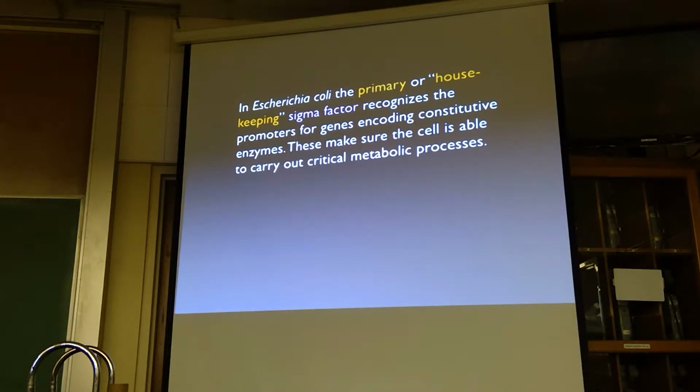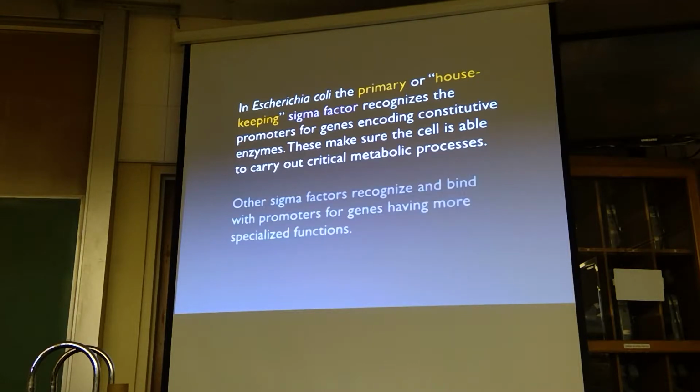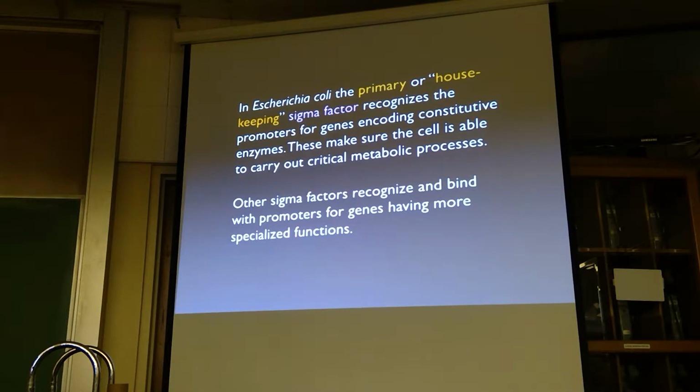Housekeeping genes are genes that encode constitutive enzymes. The enzymes the cell has to have, they're always present, the cell's always making them. And so typically there will be a primary sigma factor that's in charge of those housekeeping genes and making sure that those are always going to be transcribed to make RNA, and then the RNA is going to be translated.